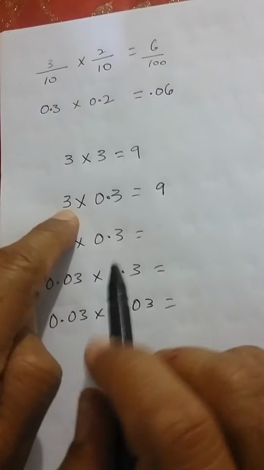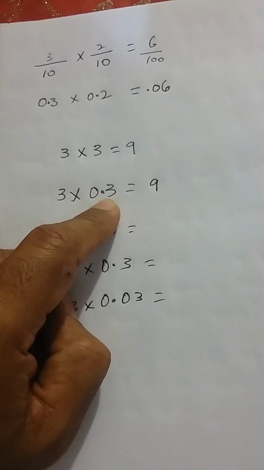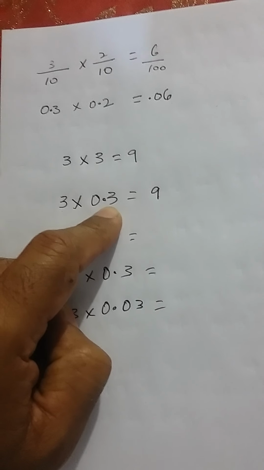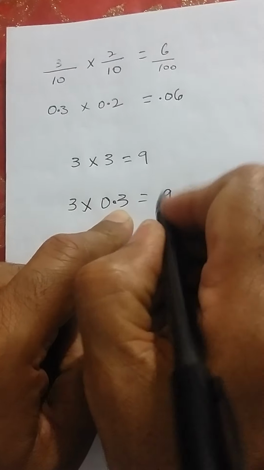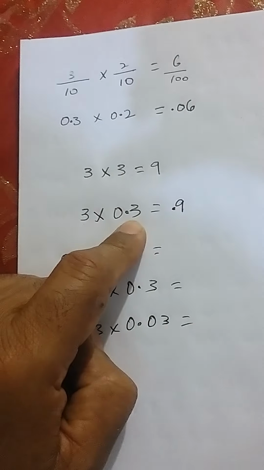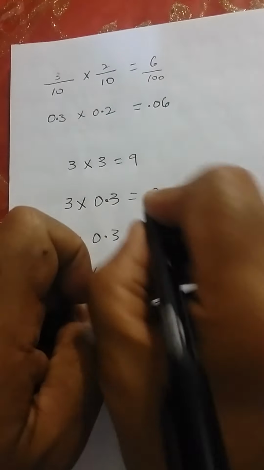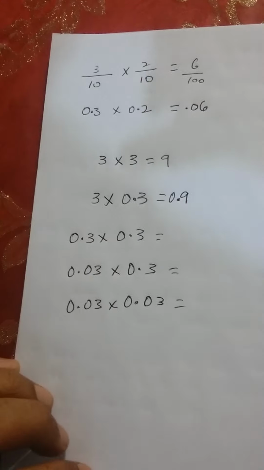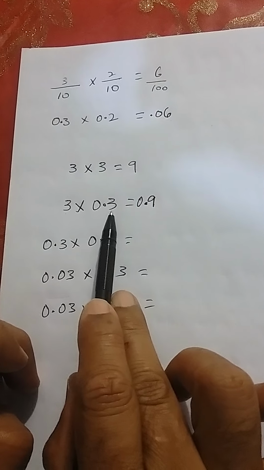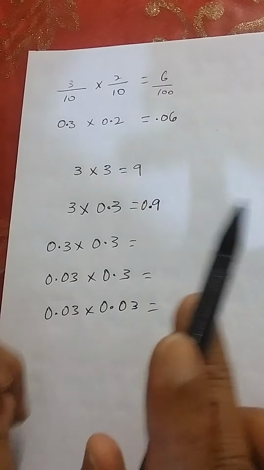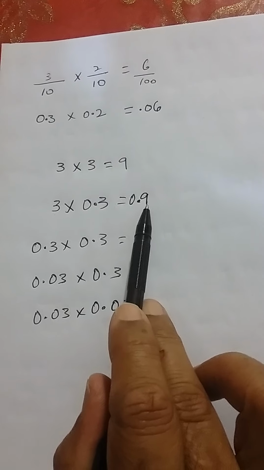Here I do not have any digit after the point, but here I have 1 digit coming after the point. So in my answer, I make sure I have 1 digit coming after the point. So 3 times 0.3 would give me 0.9, because when I look at my question, I only have 1 digit after the point.